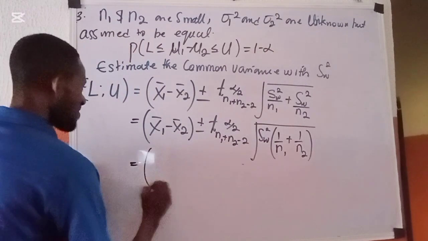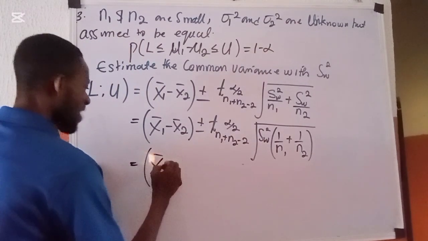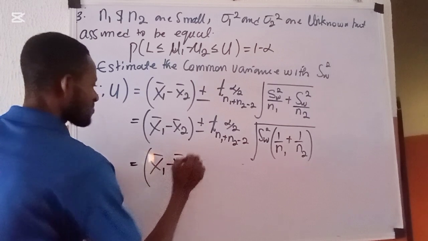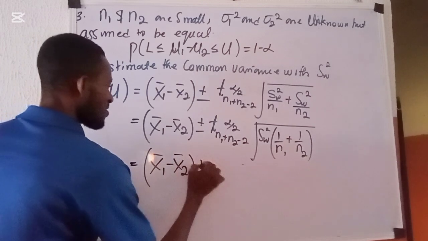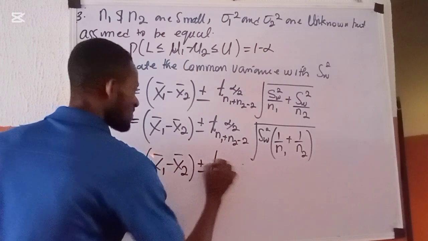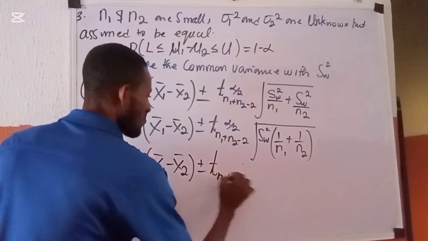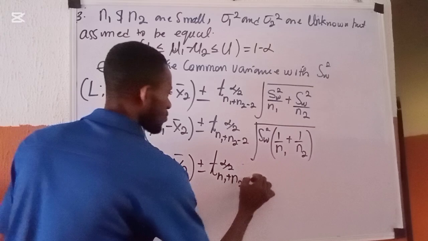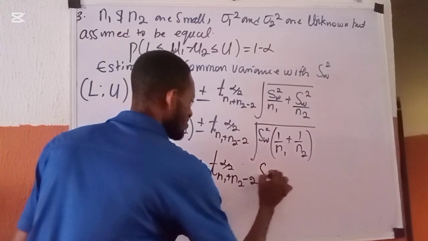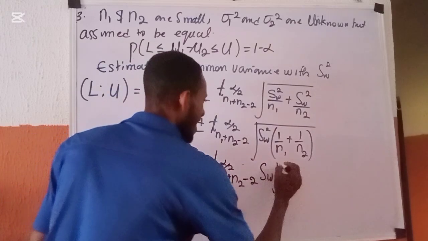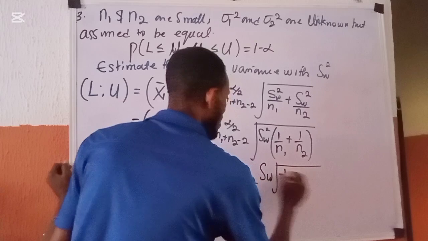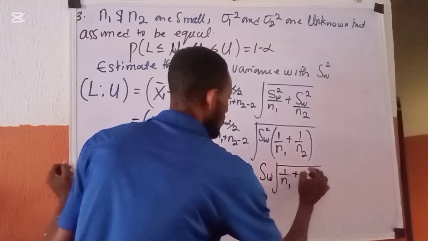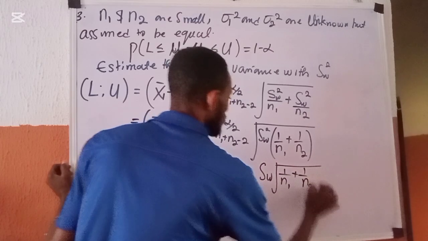This becomes (x bar 1 minus x bar 2), close the bracket, plus or minus t of n1 plus n2 minus 2 of alpha over 2, times Sw times the square root of 1 over n1 plus 1 over n2.